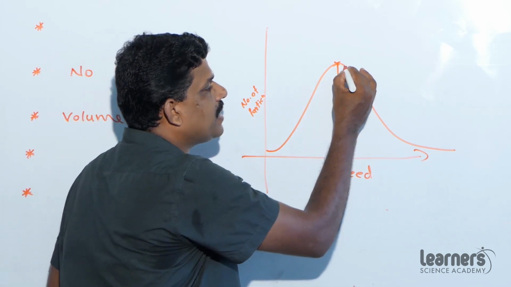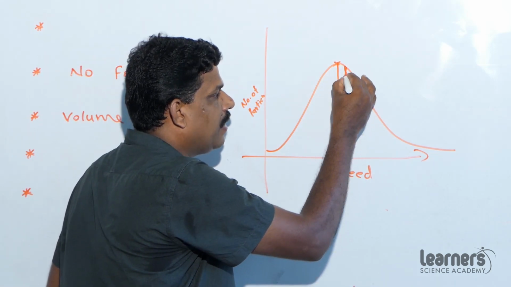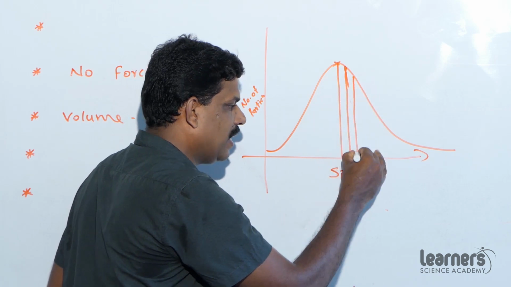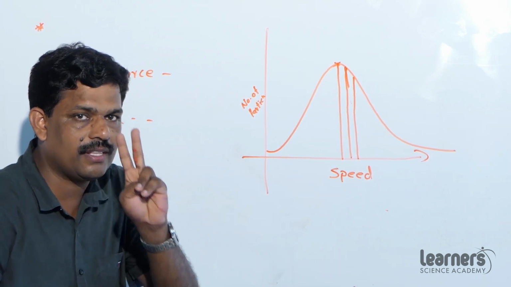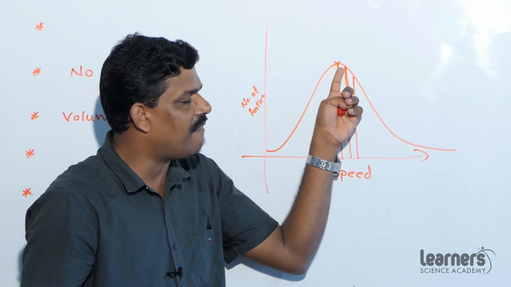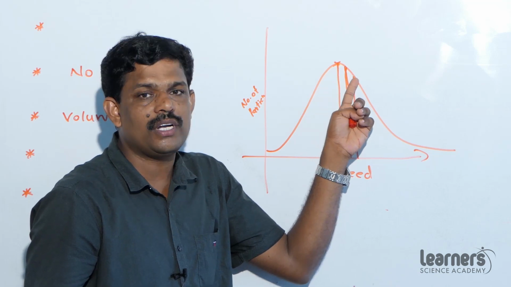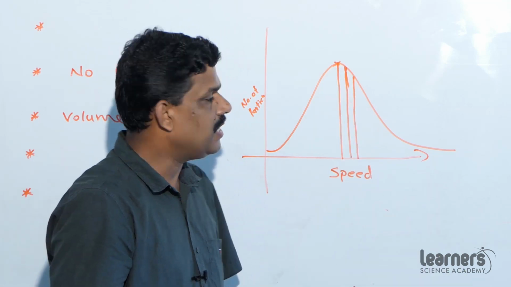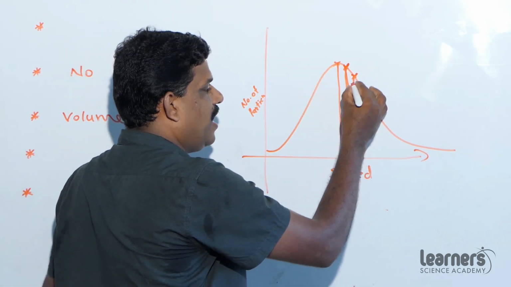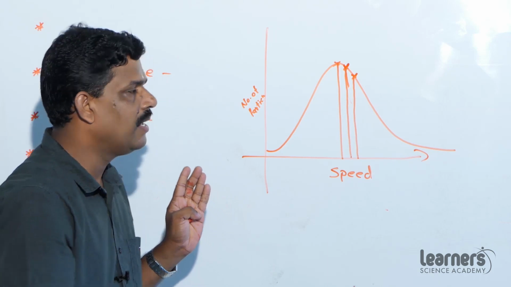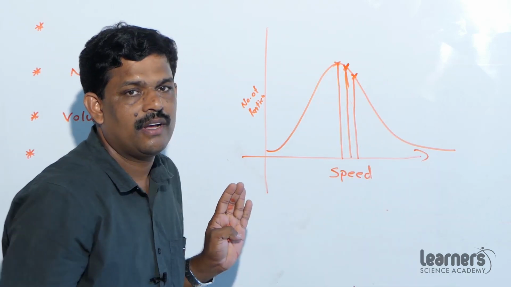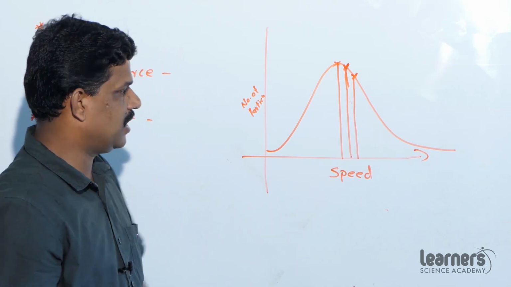It will be less than average speed, which is less than root mean square speed. So this is the relation between the 3 speeds: most probable speed, average speed, then root mean square speed. Among these, the highest value is for root mean square speed, then for average speed, and the lowest for most probable speed.